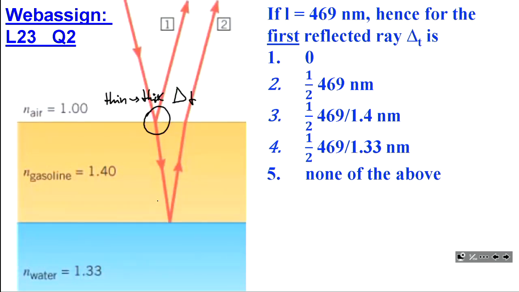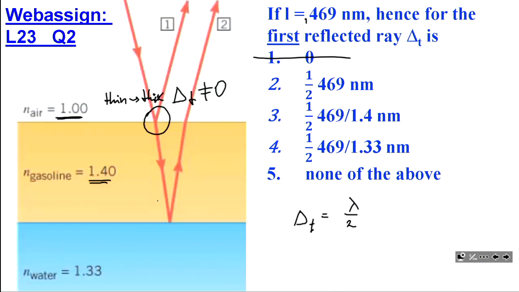or we can just see the numbers and remember the rule. It says, first of all, it's not 0. Okay, if it's not 0, what is it? Well, it has to be a half of a wavelength.